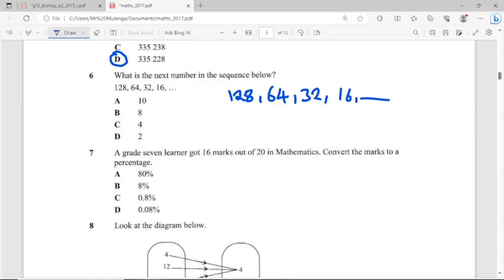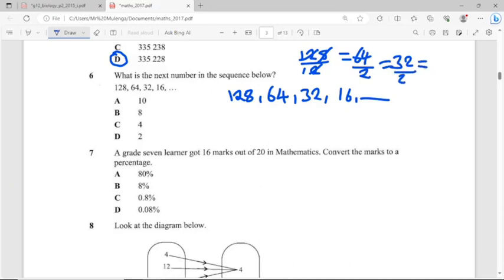So this 128 was divided by 2. Okay, so we find that 2 into 1, it's 1. Into 12, it's 6. 2 into 8, it's 4. They got here 64. Okay, so again from 64 they divided by 2. So 2 into 64, it's 32. Okay, so from 32 they divided by 2.